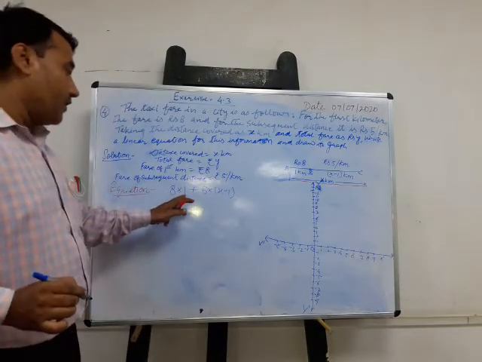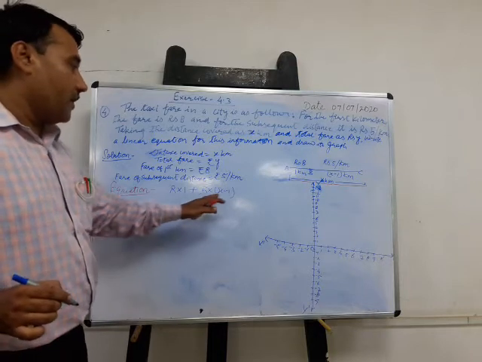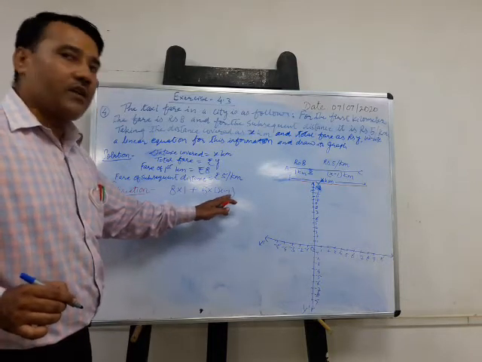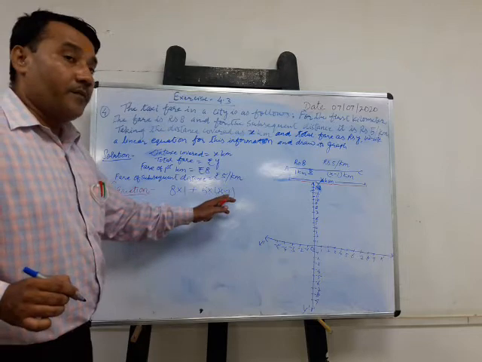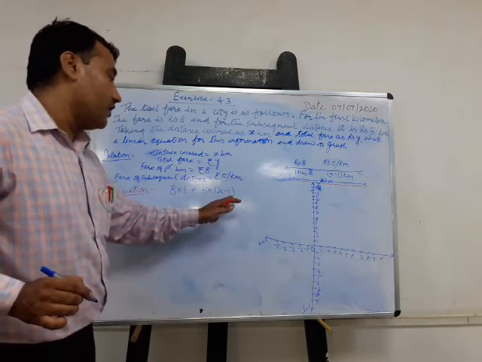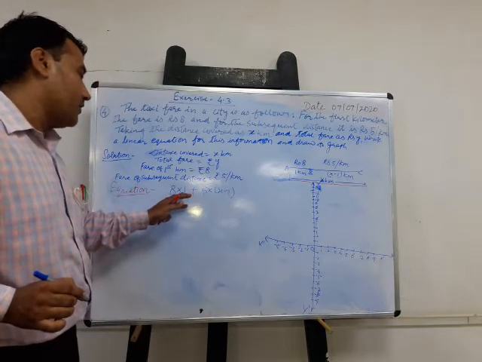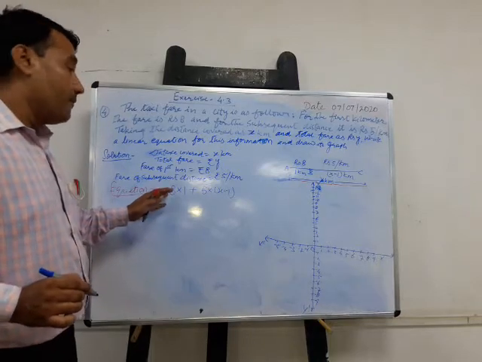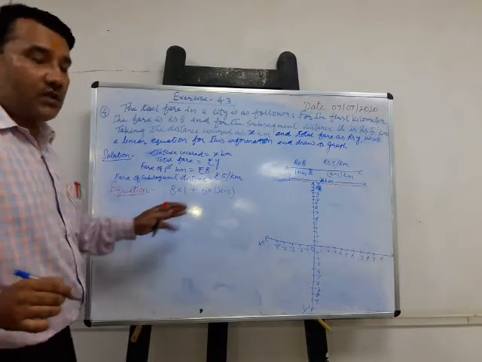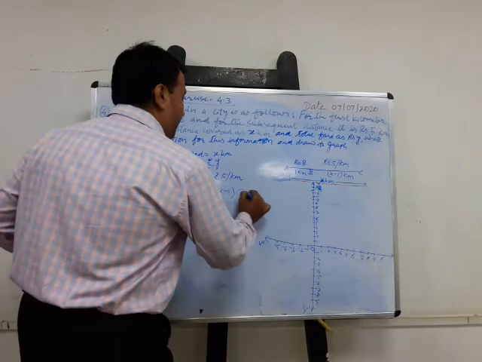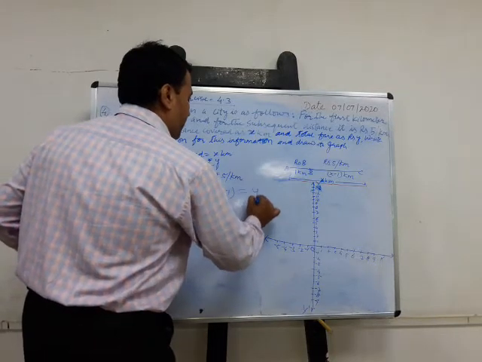For the remaining distance, x minus 1, fare is rupees 5 per kilometer. For 1 kilometer, fare is rupees 8. When both the fares are added together, then the total fare becomes y.